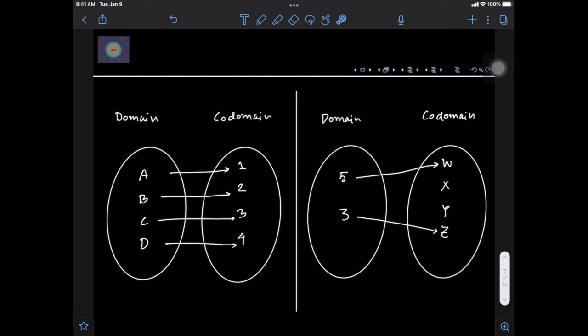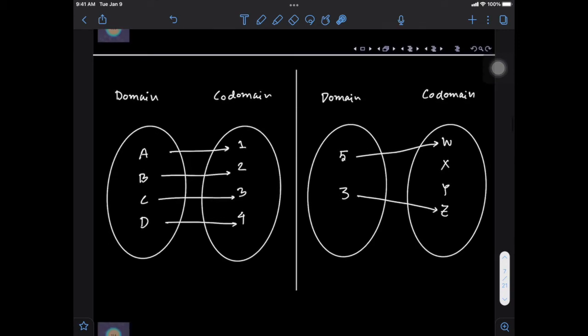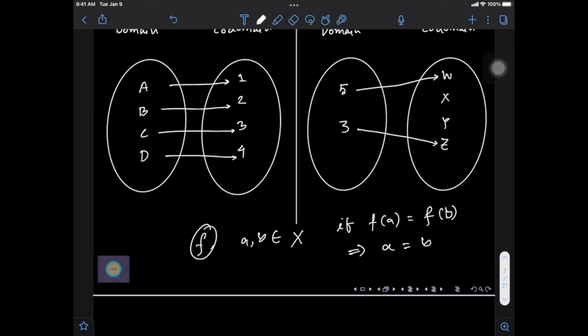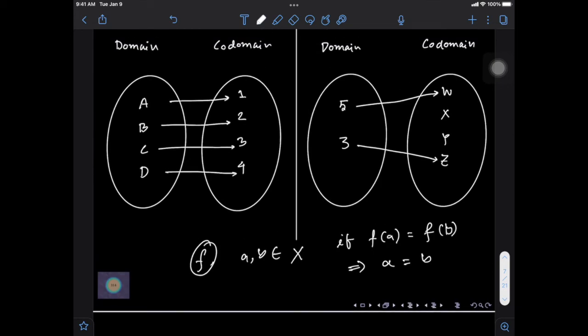So given this definition, if we consider the function f and the elements a and b, where a and b belong to the set x, where x is the domain of the function, then if we say that the function f is injective, that also implies that if f of a is equal to f of b, then a must also be equal to b, because the outputs can only be mapped to one distinct unique element in the domain if it can be mapped.